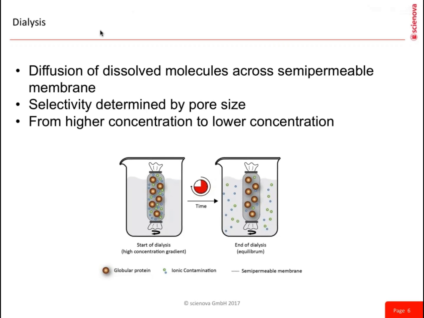So in the image you can see a protein sample with an ionic contamination in a dialysis tube, which is in the dialysis buffer with a low concentration of ions, and during the dialysis the ions pass the membrane and will be diluted.